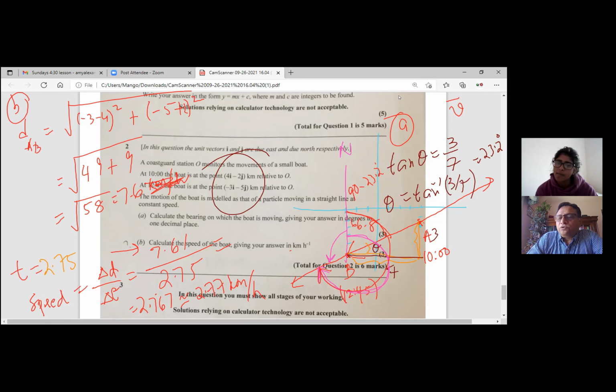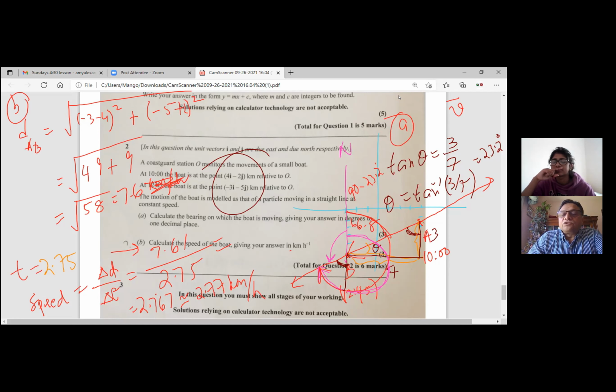Okay. Another way you could do it, let's do the alternate also. You could find this angle, correct? Which will be 66.8, and then add 180 to it. Is that clear to you?